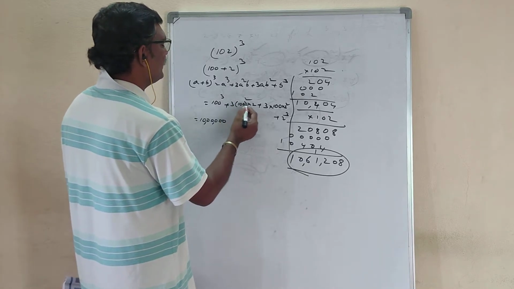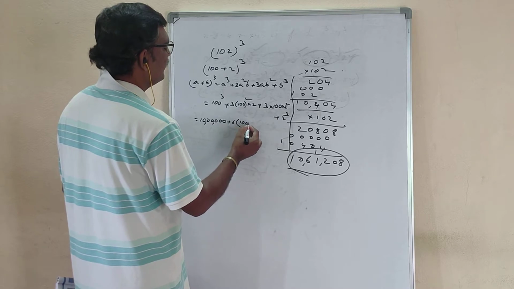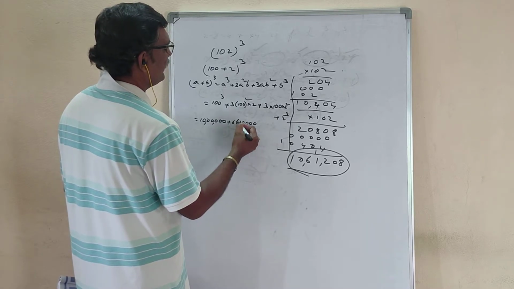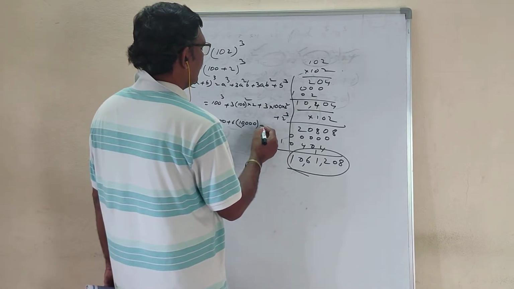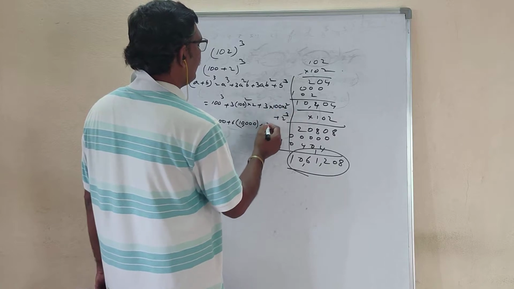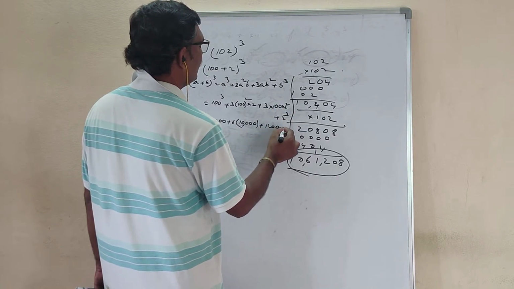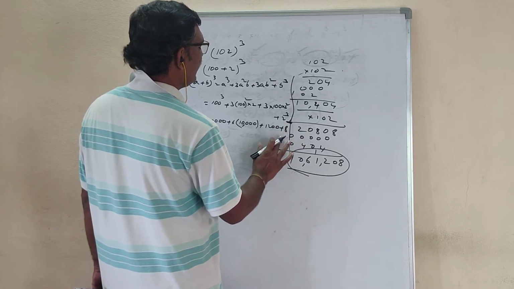And 3 2s are how much here? 6. Into 100 square is 10,000, so 60,000. And here 2 square is 4. 4 3s are 12. 12 into 100 is 1200. 2 cube is 8.